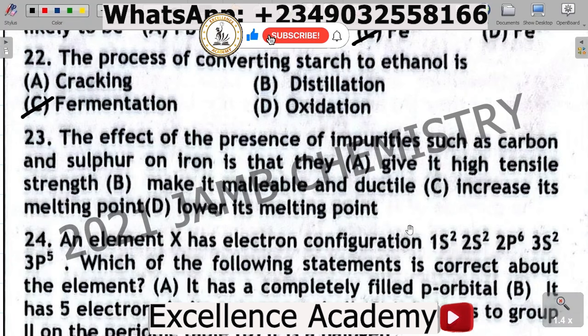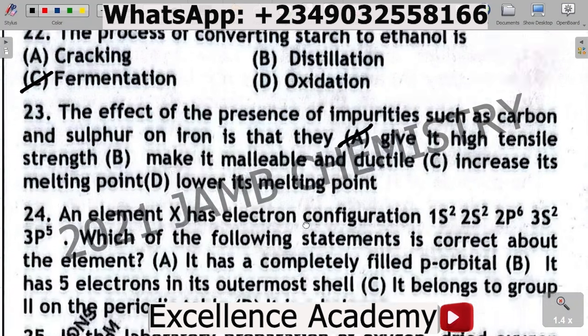Now, for question 23, you want to note that carbon in iron or steel increases hardness and tensile strength, but lowers its ductility. Sulfur makes iron brittle. So the net effect is that it will increase the tensile strength. The correct answer is A. It gives it a high tensile strength.